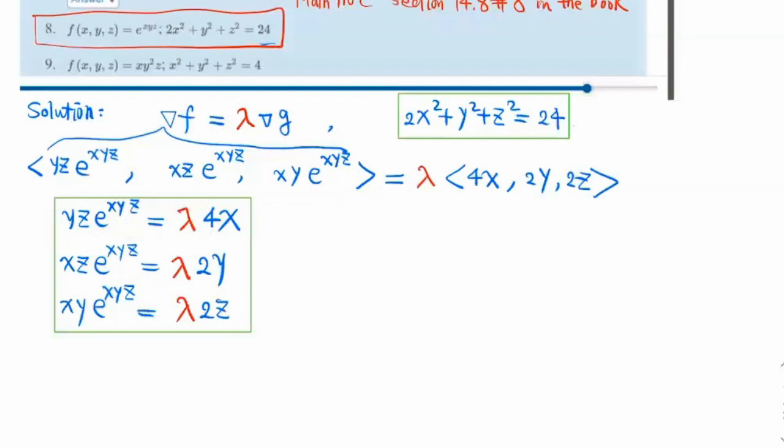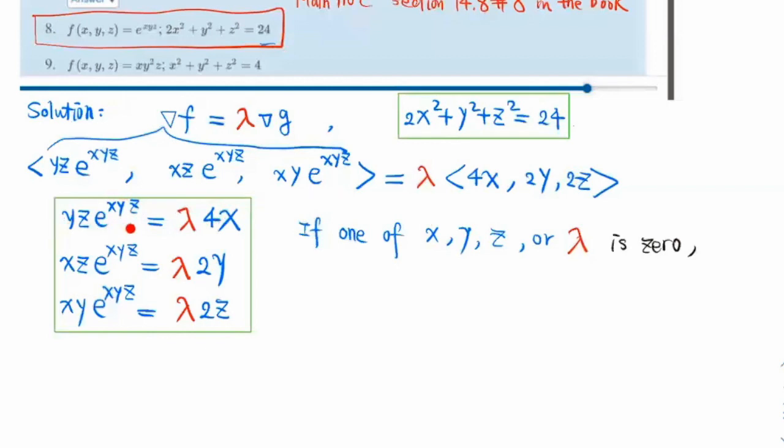So let me write that down. If one of x, y, z, or lambda is equal to 0, for example, let's think about x equal to 0. Then we have 0 on this side, so this side must be equal to 0. For this to be 0, either y equals 0 or z equals 0 or the exponential equals 0.